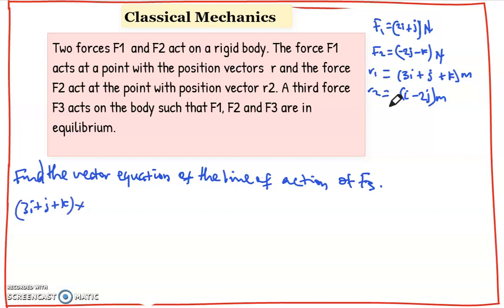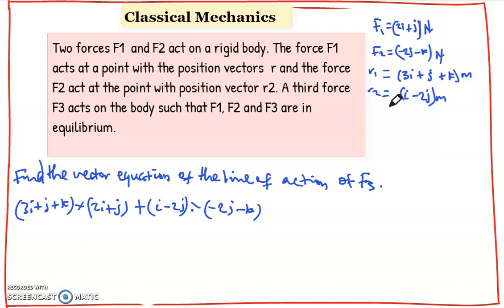We need to multiply this with the first force, which is 2i plus j. Now we add the second position vector, which is i minus 2j, and multiply this by the second force, which is negative 2j minus k. So this is what we have now.